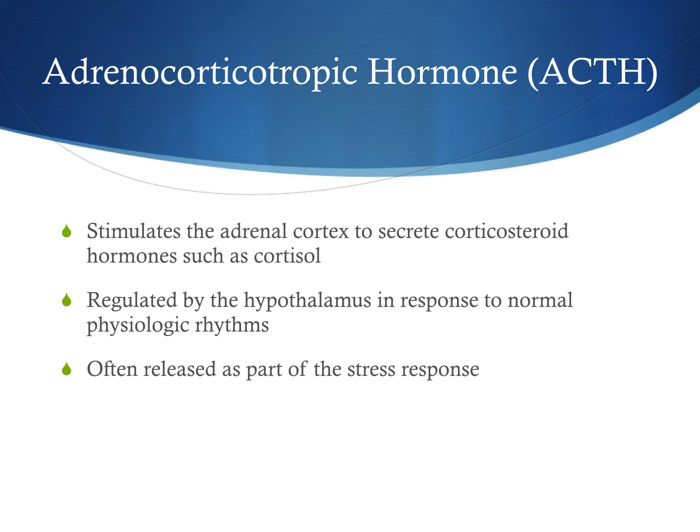Our adrenocorticotropic hormone, or ACTH, is going to stimulate the adrenal cortex to secrete a corticosteroid hormone such as cortisol. It is regulated by the hypothalamus in response to physiologic rhythms, and as you can imagine, cortisol being one of the corticosteroids being secreted, it is often released as part of the stress response.